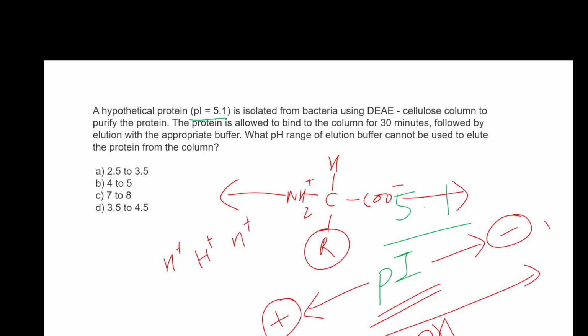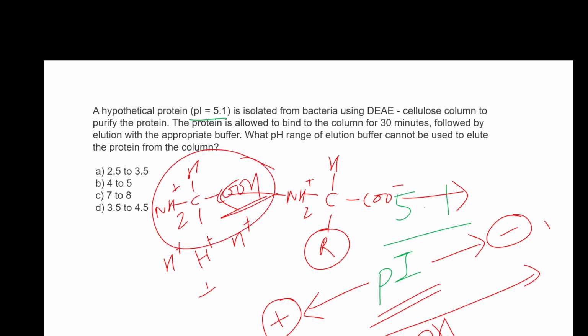So then the protein or the amino acid tends to accept the ion. The negatively charged carboxyl moiety will accept these free hydrogen ions and will become COOH. Then the net charge on the protein will become positive.